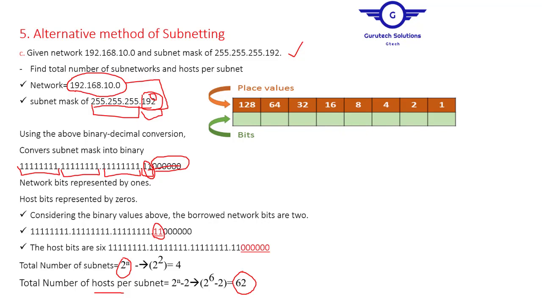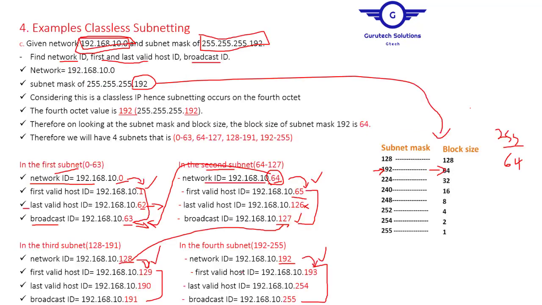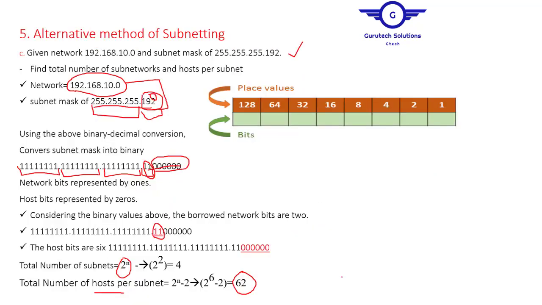So with 62, when you come back here, that's the number of hosts per subnet. 62 is now hosts per subnet.